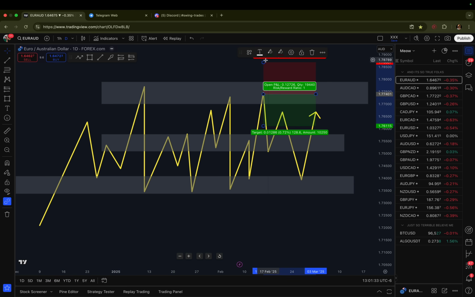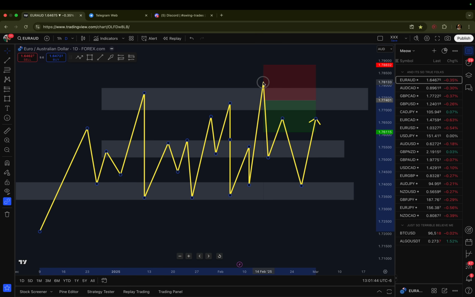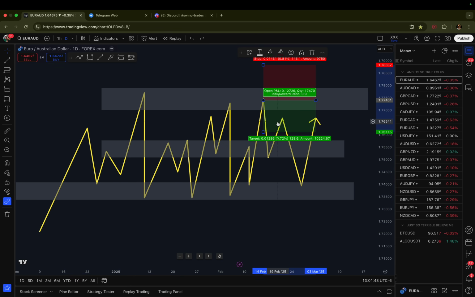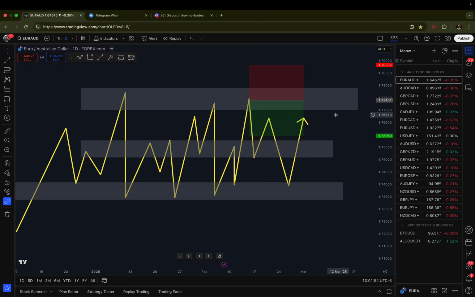I enter halfway through the zone, just like Nick said. Nick said halfway through the zone is fine. I put my stop not too close, right above the zone, but not way far either. Just a good distance above, so in case it spikes a little bit deeper into the zone and comes back, I still won't lose the trade. And then let's say you set a 1-to-1 take profit, right? You have to ask yourself where most people are going to be taking profits if they've held the trade, right? It's generally going to be at these major areas of support and resistance.